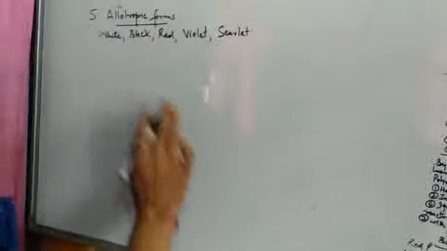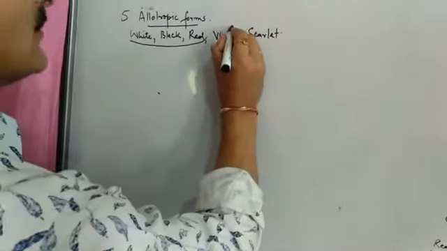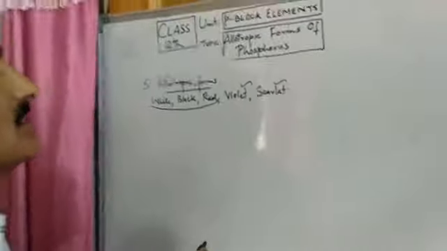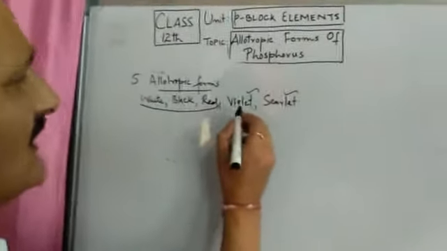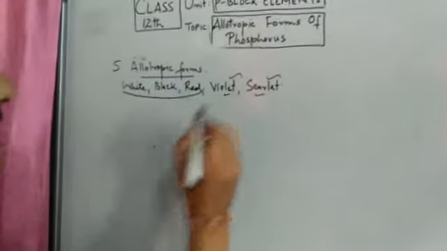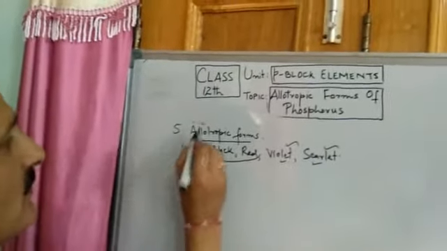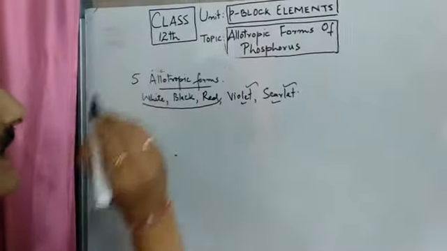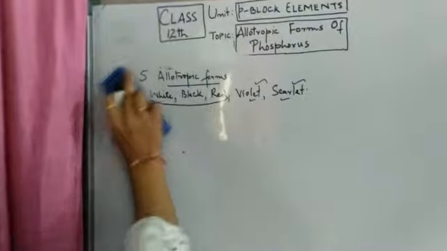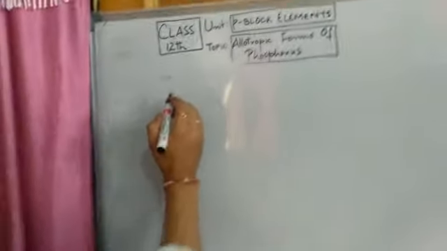Out of these 5 allotropic forms, the first 3 are abundant in nature, whereas violet and scarlet are not as abundant as these 3, and we know very little about these 2 allotropic forms. So today we will be discussing the first 3, the main allotropic forms of phosphorus, that is white phosphorus, black phosphorus, and red phosphorus. So let me come to the first one, and the first one is white phosphorus.